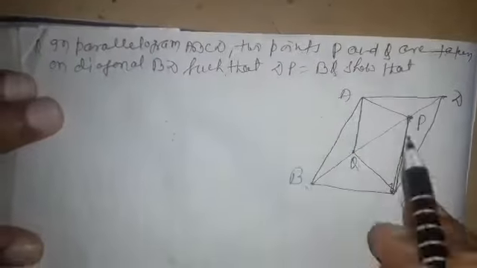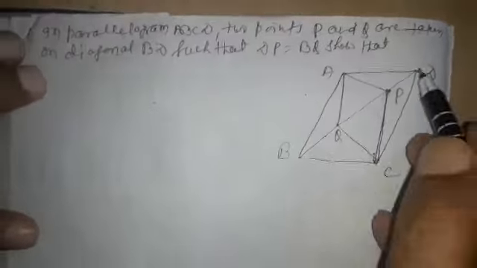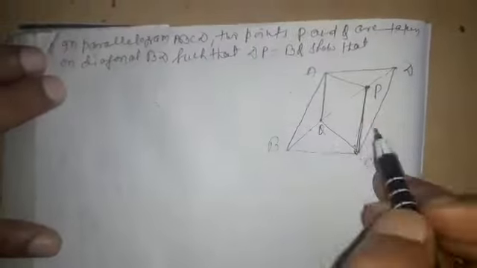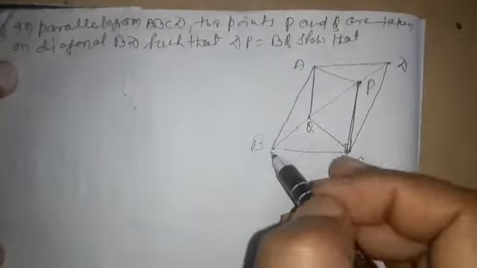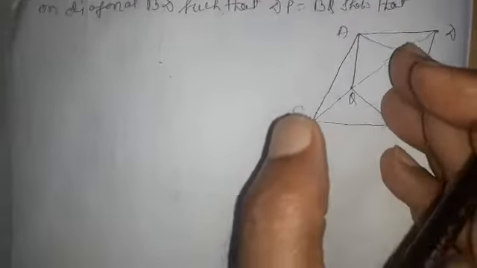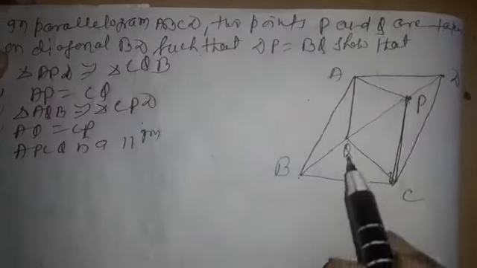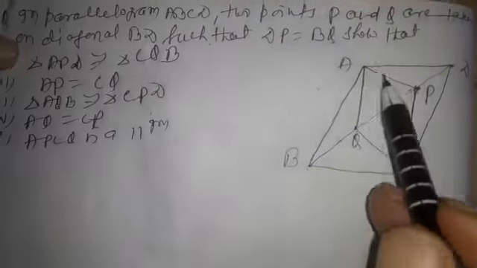In parallelogram ABCD, two points P and Q are taken on diagonal BD such that DP is equal to BQ, so that triangle APD is congruent to triangle CQB.